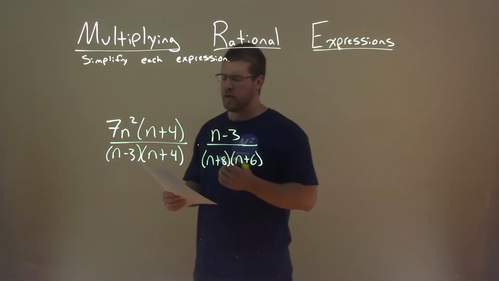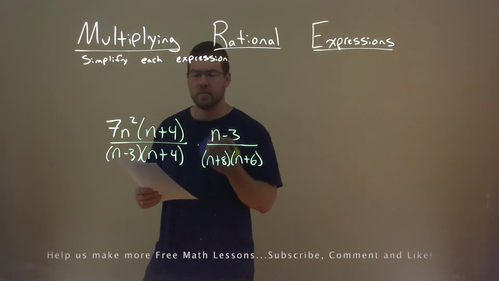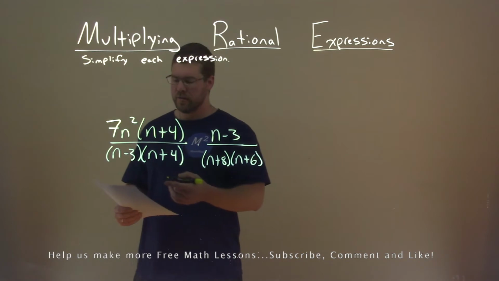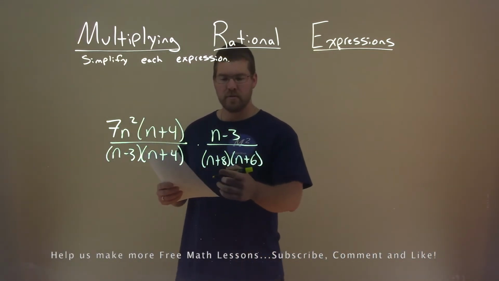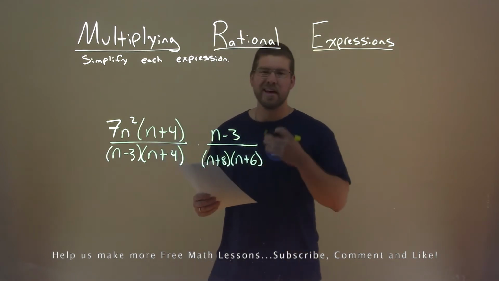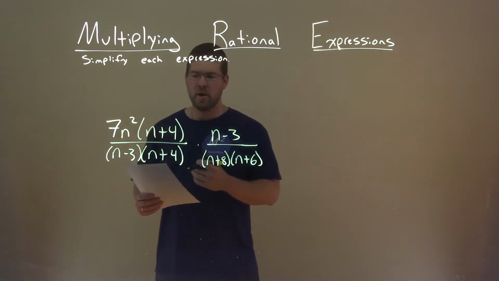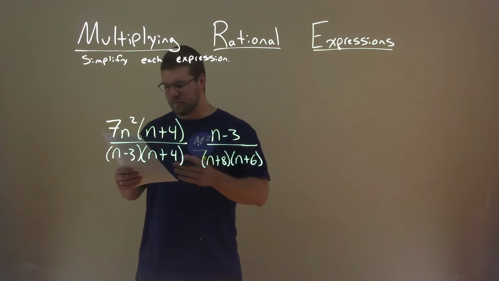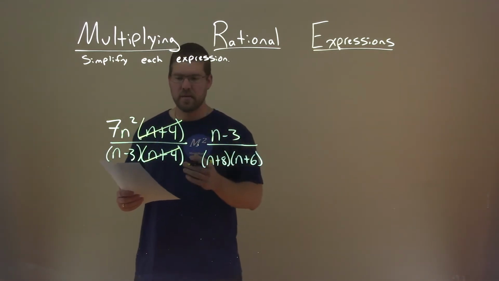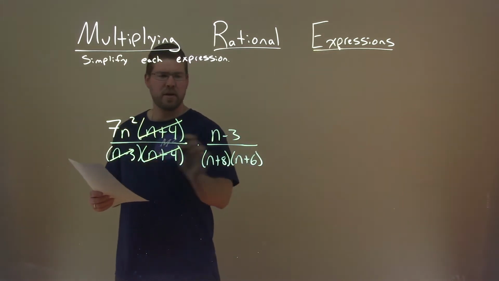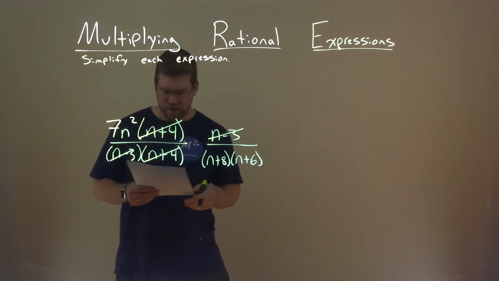We're given this problem right here. 7n squared times n plus 4 divided by n minus 3 times n plus 4 times n minus 3 divided by n plus 8 times n plus 6. And we need to simplify this. Well, I'm looking for things that I can cross off. n plus 4 here and n plus 4 here. Done. This n minus 3 and this n minus 3 can cancel as well.